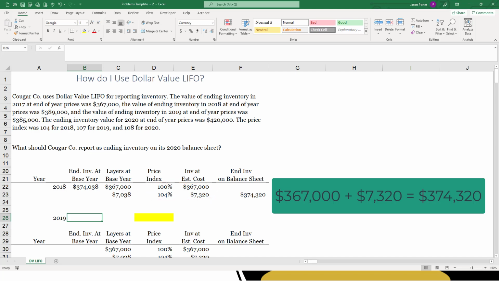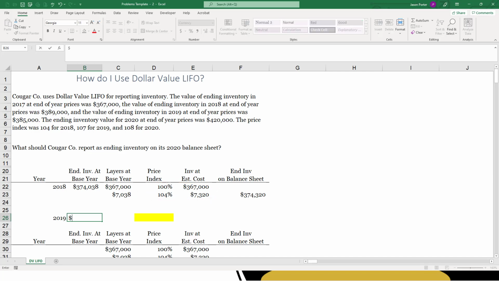In 2019, I end the year with $385,000 worth of inventory. And our price index was 107. Now we put the percent in there because even though we say 107, it's really 107%. That's our inflation from 2017 when we started to now in 2019 where we're doing our calculations.